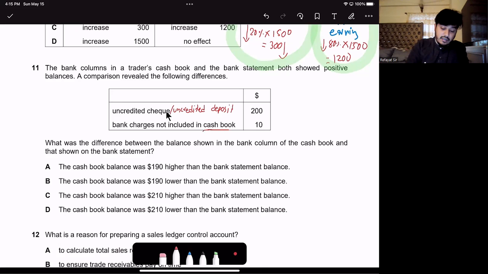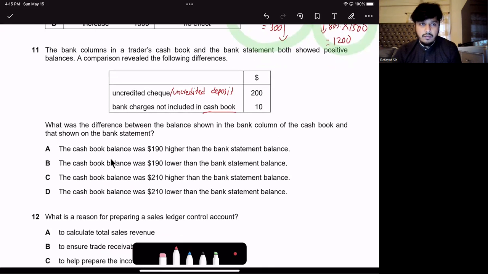This is a mistake in the cash book. What was the difference between the balance in the bank column of the cash book and the balance in the bank statement? Basically, due to these two differences, what's the difference between the balance in the cash book and the balance in the bank statement?